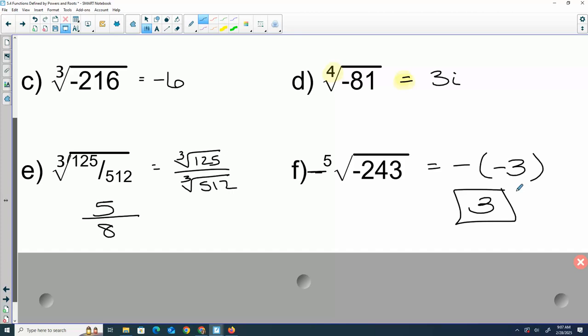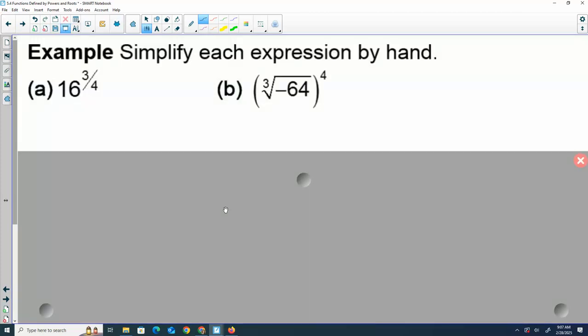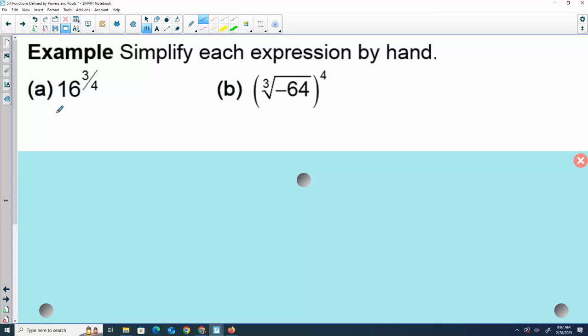I'm going to put a couple up here. I want to see if we can do them without the calculator. If I said 16 to the 3/4 power. Okay, if I'm just looking at the 3/4 power, that's a little confusing. But I told you could write these with radicals. If you do that, the 4 goes outside.